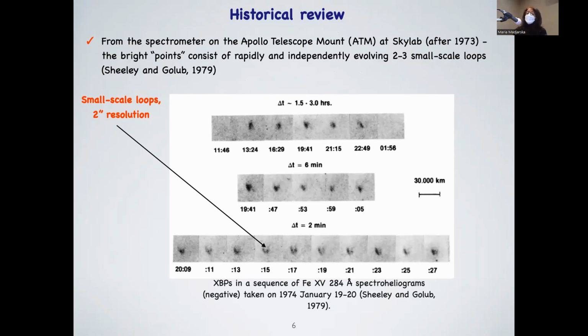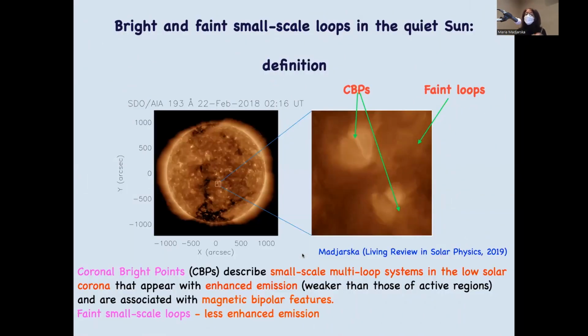From 1973, Skylab was launched, and using spectroheliograms with unprecedented high resolution, 2 arcseconds, they found that these bright points are composed of small-scale loops. And you can see here a spectroheliogram in the iron 15 line, showing these little strips. And believe me, these loops you can see here are the result of sophisticated observations.